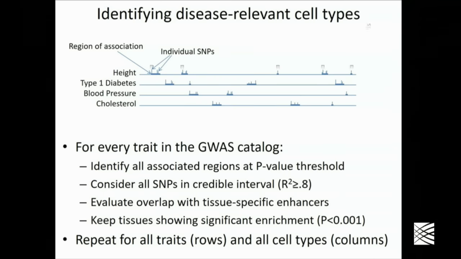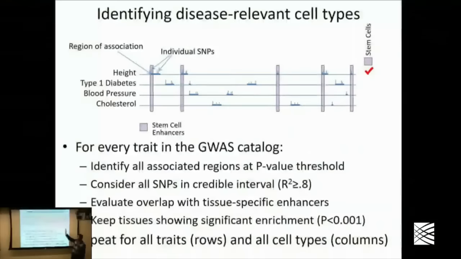And then for each of those, we can do the following exercise. We can take all of the enhancers that are active in embryonic stem cells, and simply ask, which of those enhancers overlap genetic variants with each of those traits? And what you find is that they much more frequently overlap height-associated regions than other regions.